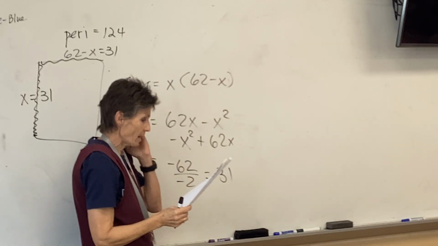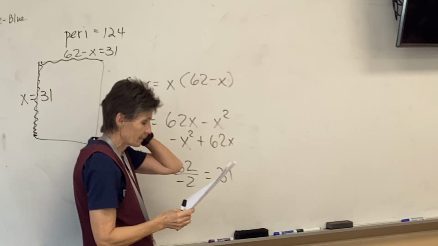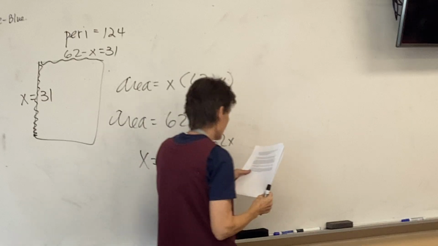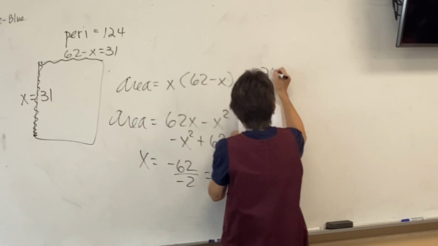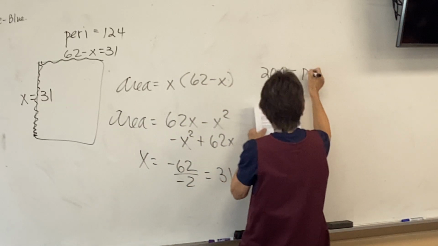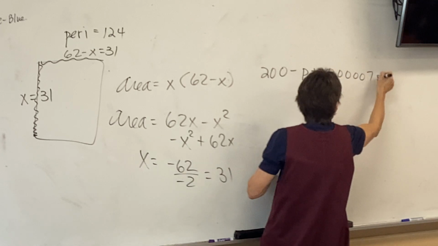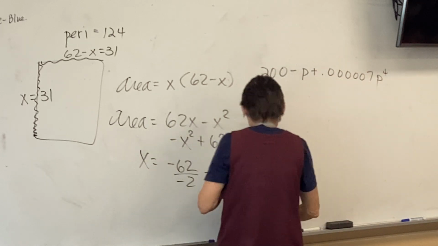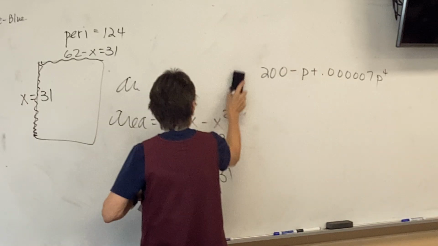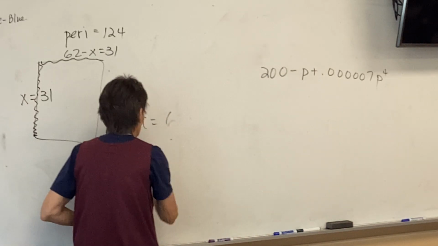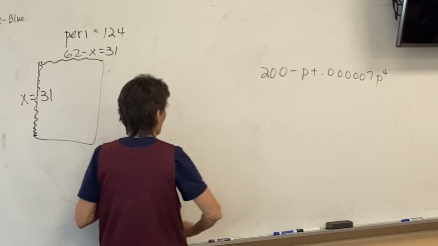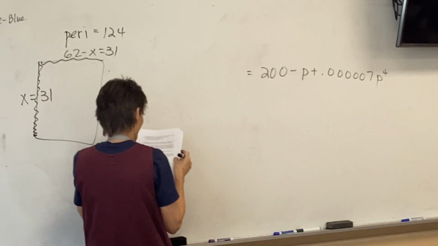All right, so I've got these two completely crazy looking equations. One is supply and one is demand. And I want them to be equal.